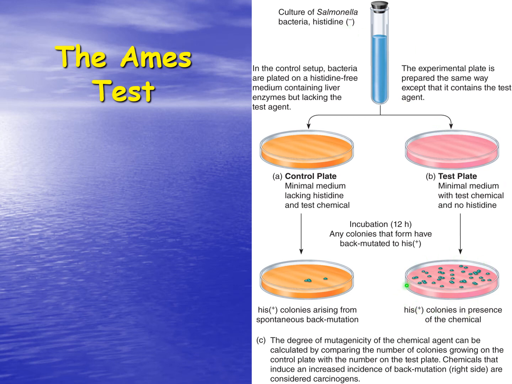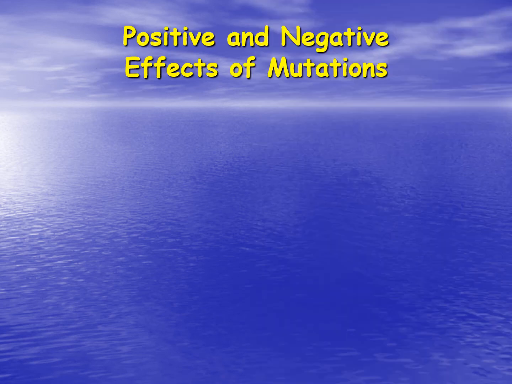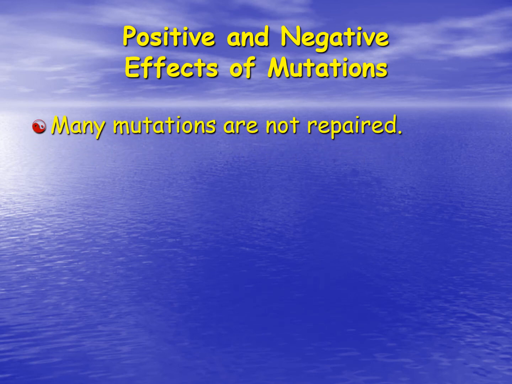And so we will say that whatever the chemical we added is what caused the mutation from histidine negative to histidine positive. Now, the Ames test is not perfect, I will mention that, and so if we do find something that is found to be potentially carcinogenic on the Ames test, we will further study it in animal models.